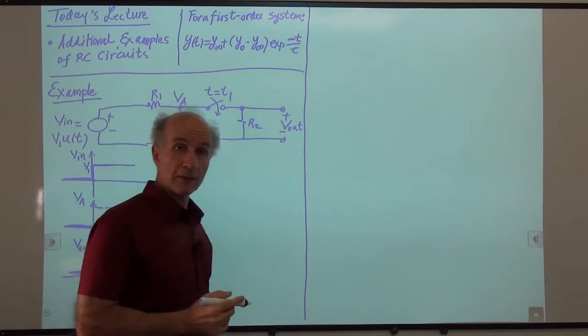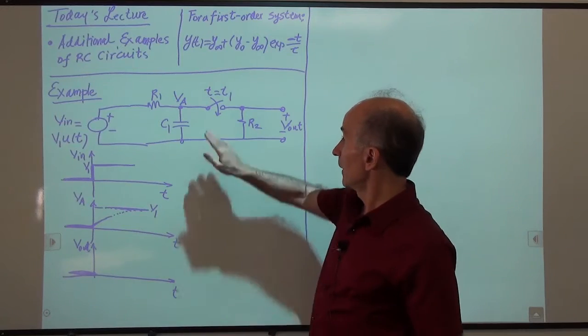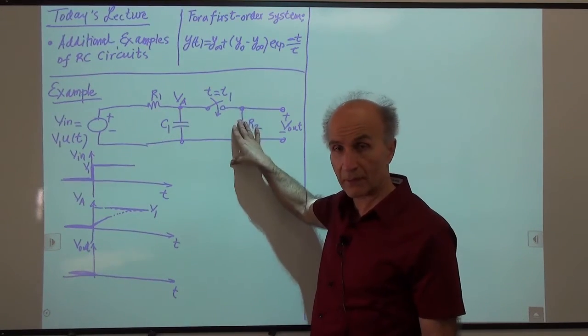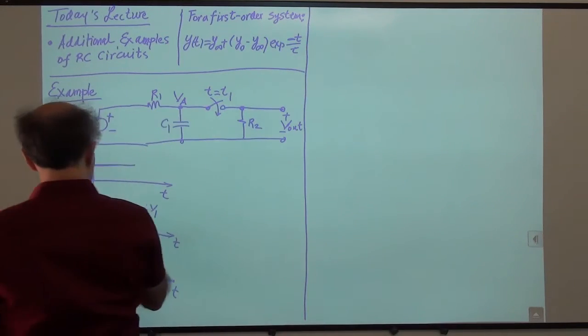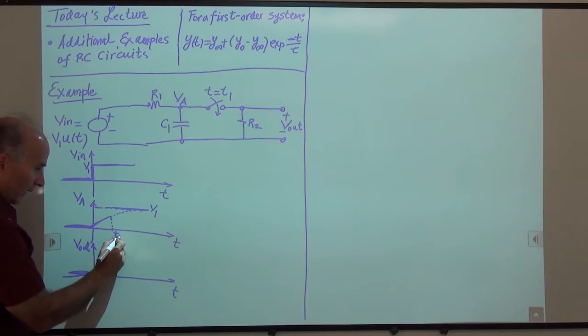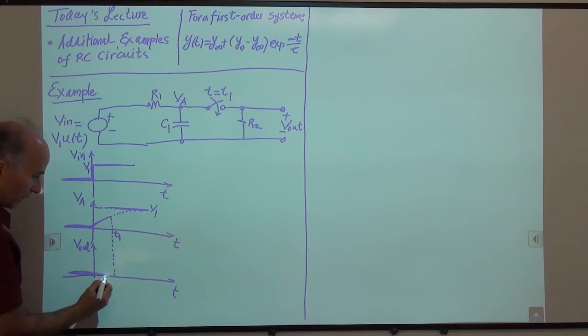In fact, V out is 0 all the way until t1, because while the switch is not conducting, there's no current through the resistor, there's no voltage across the resistor, so the output is 0. So if we mark this time as t1, right here, then before t1, the output is 0.